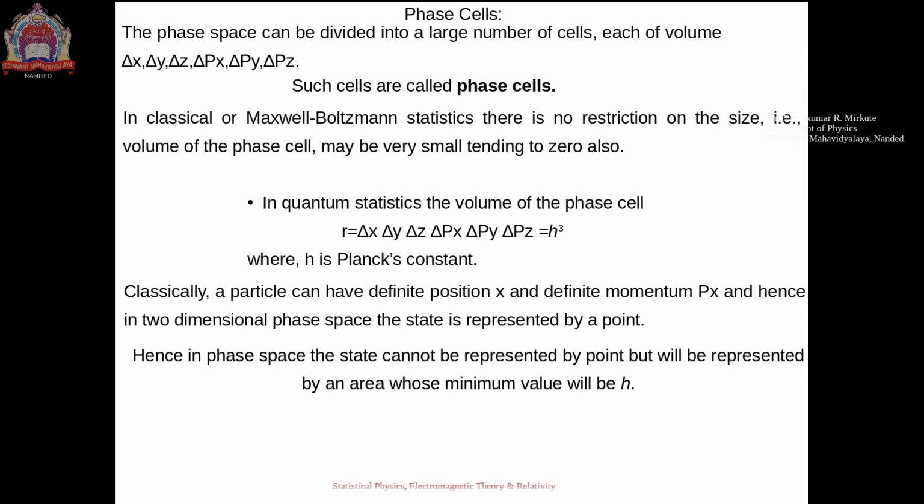If the system consists of a large number of particles, such that the state of the system is represented by f independent position coordinates, q1, q2, q3 up to qf, and f momentum coordinates p1, p2, p3 up to pf, then mathematically these 2f combined position and momentum coordinates may be allowed to define a 2f dimensional space, in which the configuration of the system is represented by 2f coordinates.